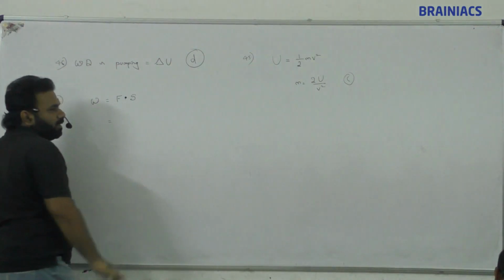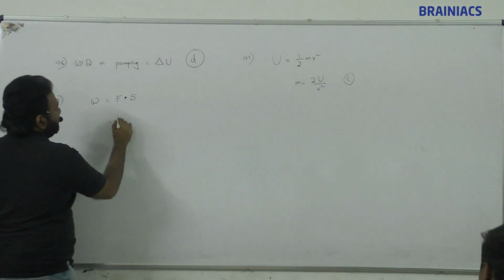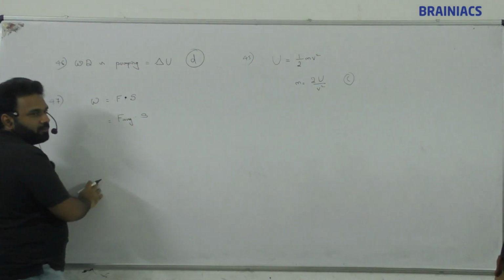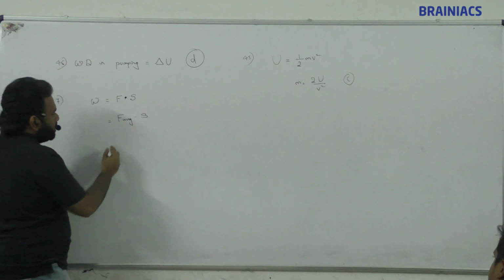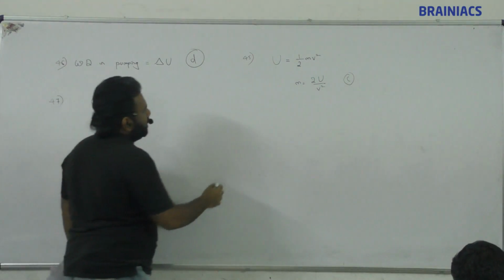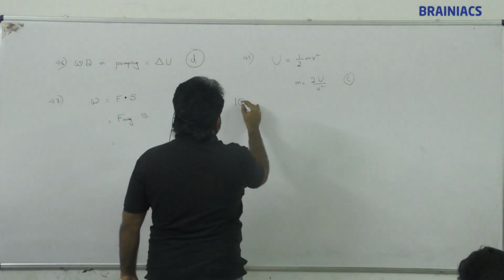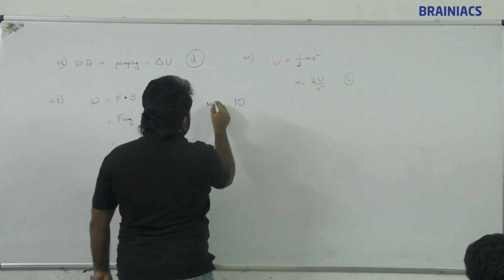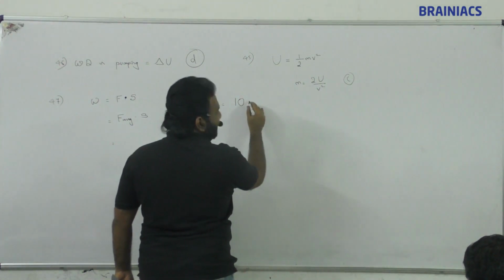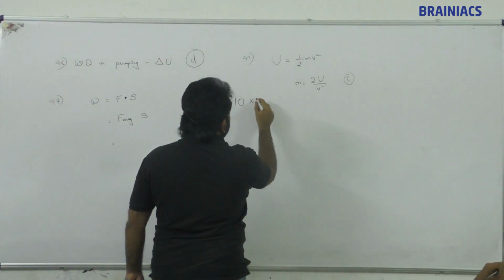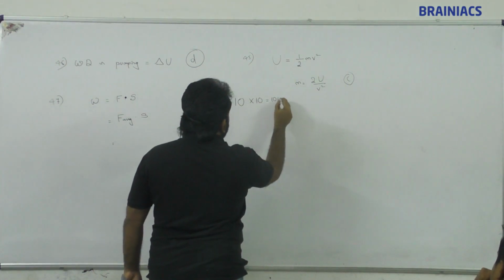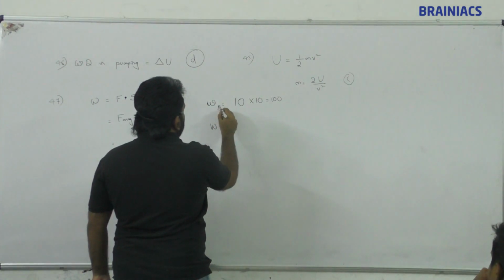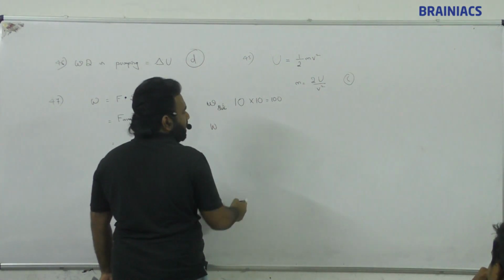So here you can do one thing, you can take the average force. So what is the average force? Previously it was 10 kg, so the weight is going to be 10 into 10, that is 100 Newton. When this was at the bottom, it was 100.